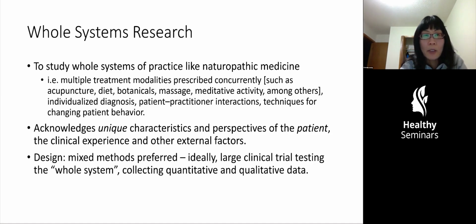However, I think the whole systems research concept does apply well to the designs that I've just talked about, the single subject, the case study, and even the N-of-1 RCT, because it can take all these different areas with the multifaceted intervention as well as the complex outcome into consideration when we're collecting the data.